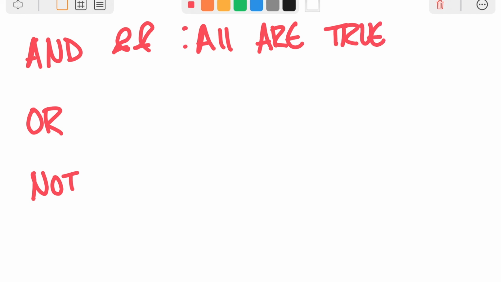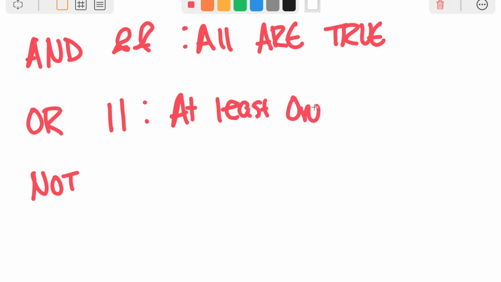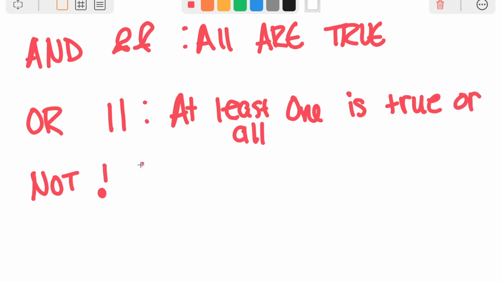Or is the two lines, and it means at least one is true, or all. Not, which is represented with an exclamation mark, is the opposite.